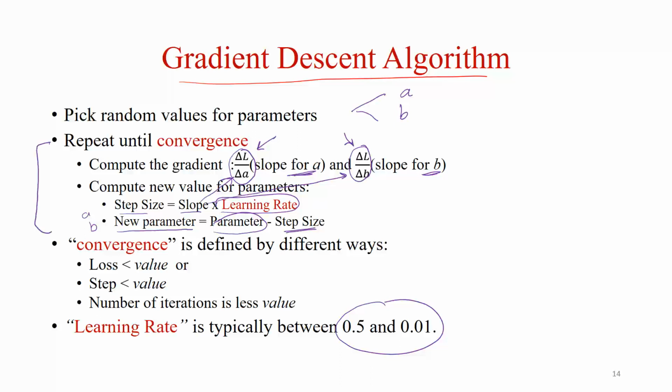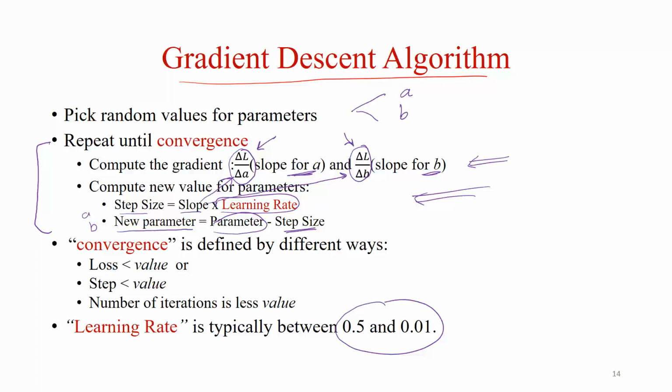Every time, we compute these slopes, we update the parameters, and then we repeat again. We get errors, compute those slopes and gradients, compute the updates and repeat again.